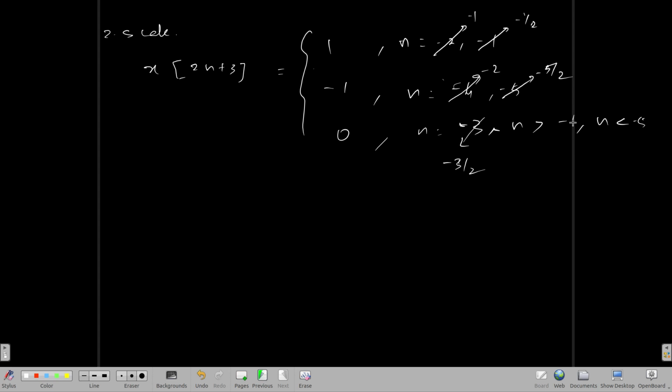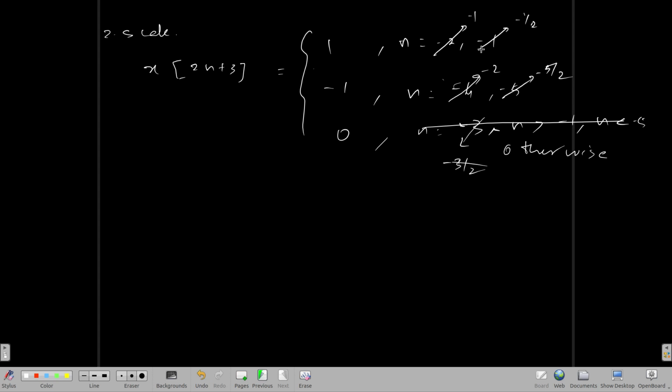And these values will change accordingly. So for convenience, let's just write 0 otherwise, because anyway we only need to know the values, right? So if you look at here, since this is a discrete signal, you can only take n values to be integers.